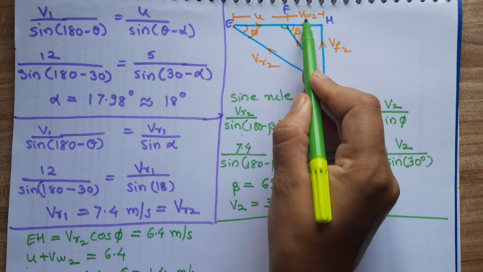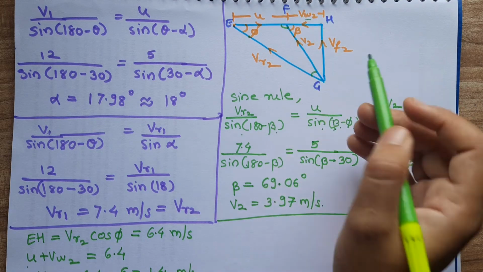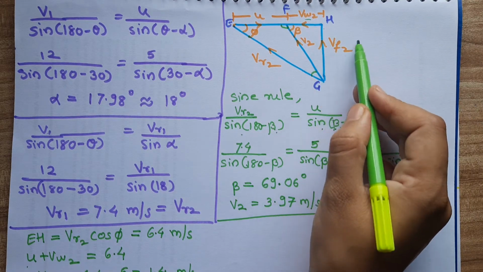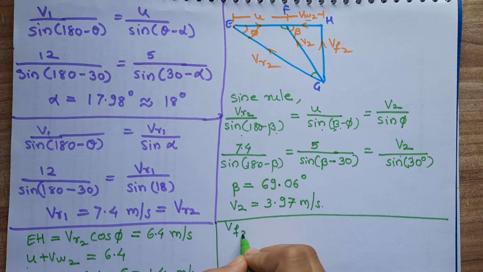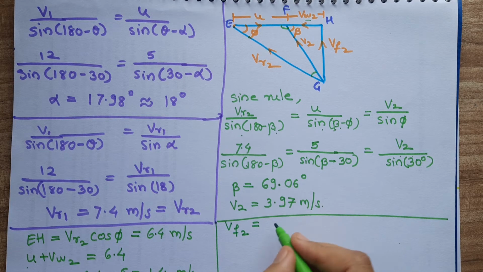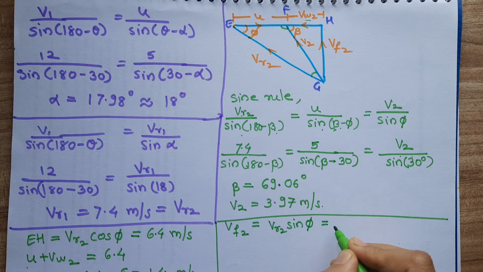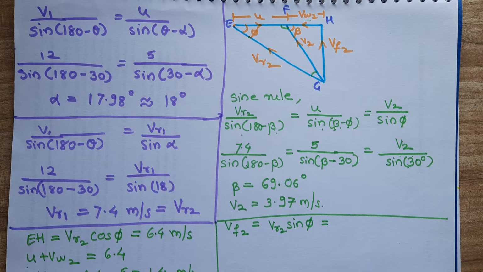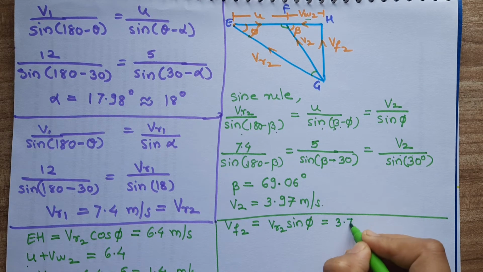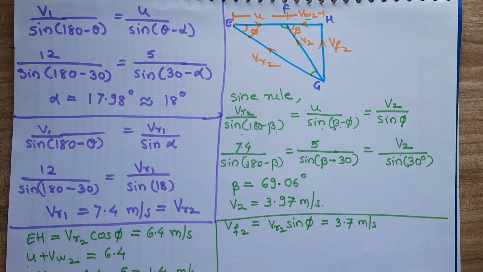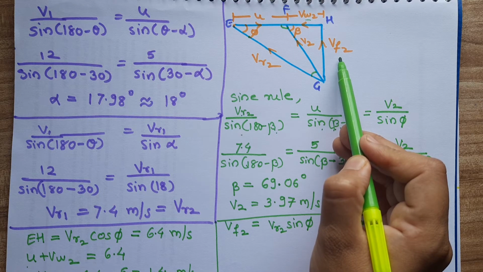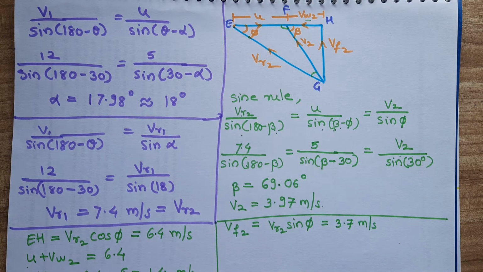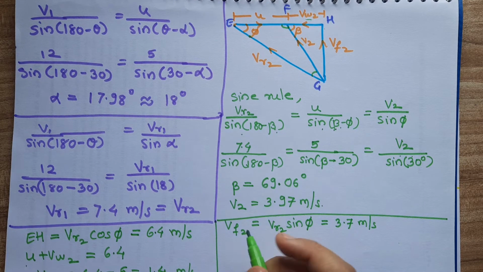Now once we have found this VW2, similarly let's find VF2. So VF2 is equal to VR2 sine of phi, and the value is equal to 3.7 meters per second. Now we know VW2 as well as VF2. Now by using tan beta we can find the beta angle.